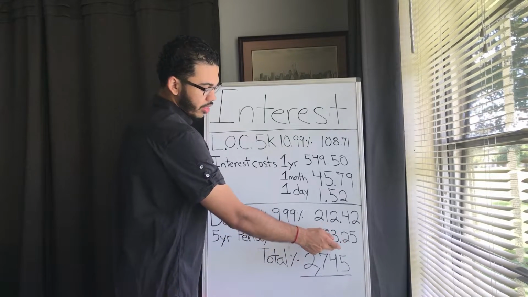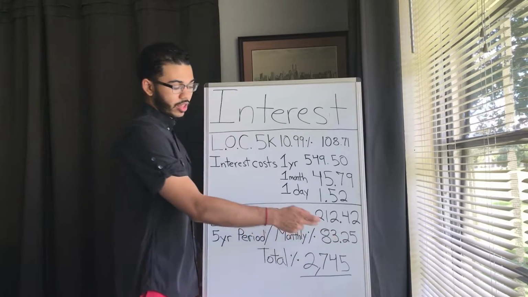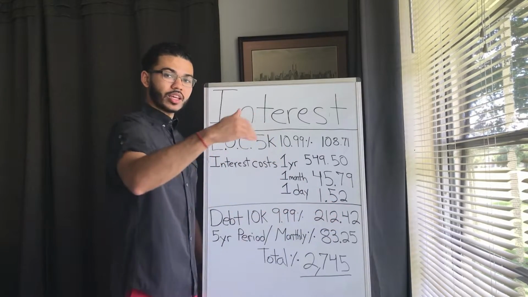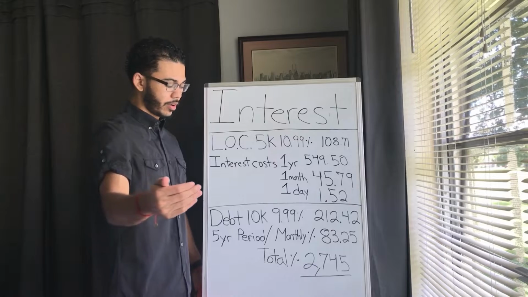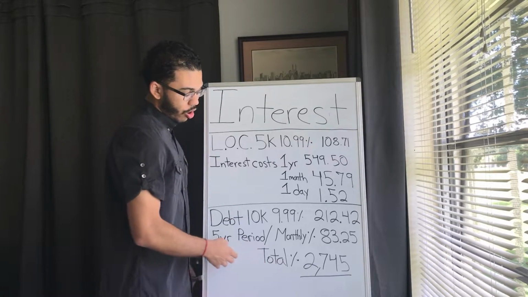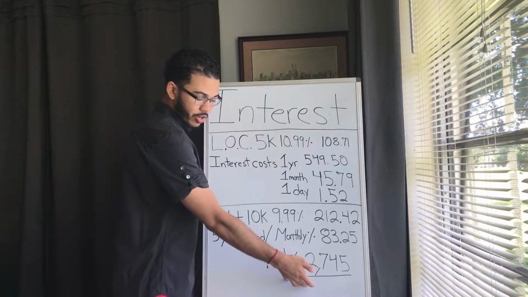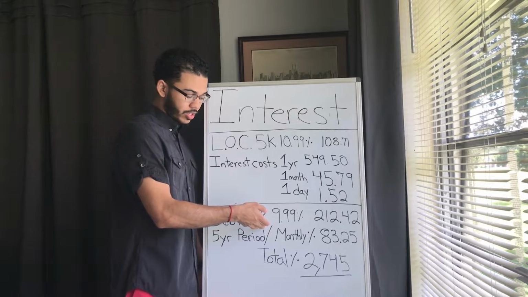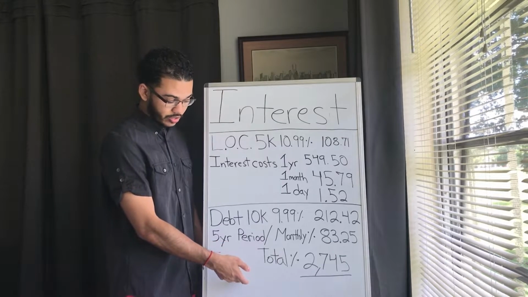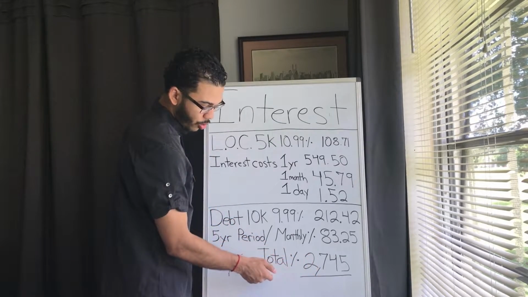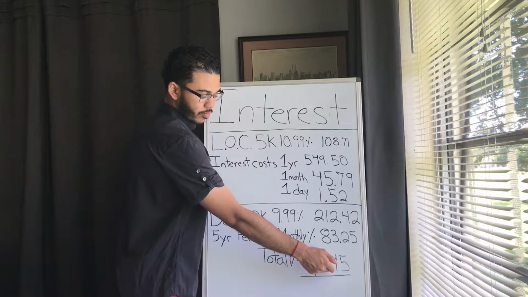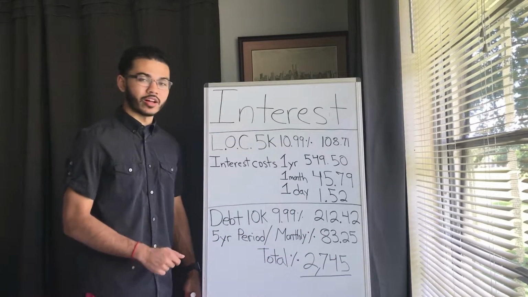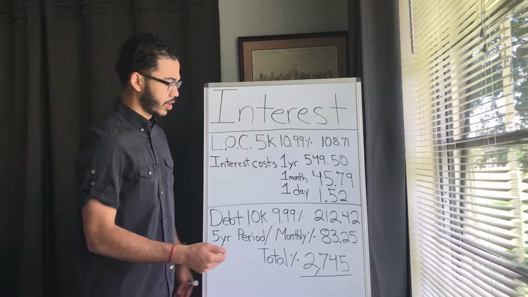Here would be the monthly interest that would come out of the 212 each and every month, right? And over a 5-year period, right? So this is a 10K personal loan debt for 5 years. Here's the total interest paid, right, which would be $2,745 and a couple cents.